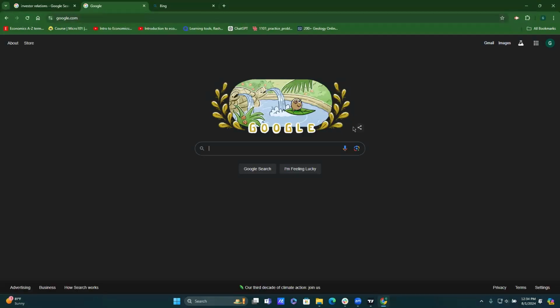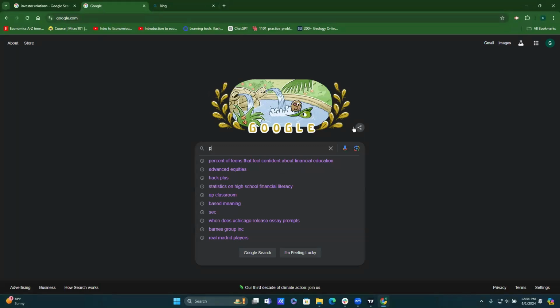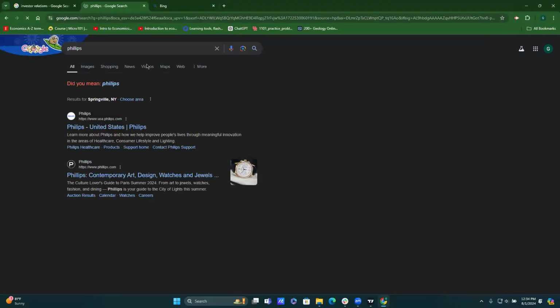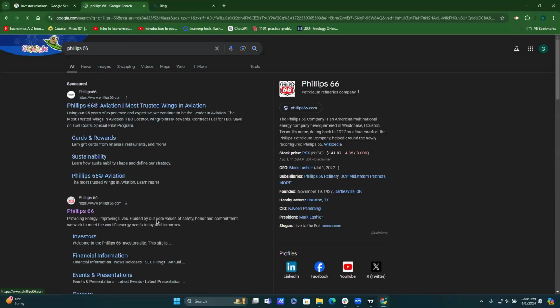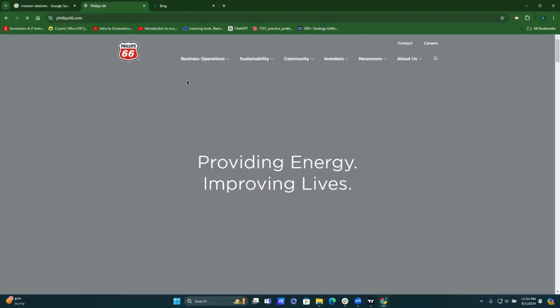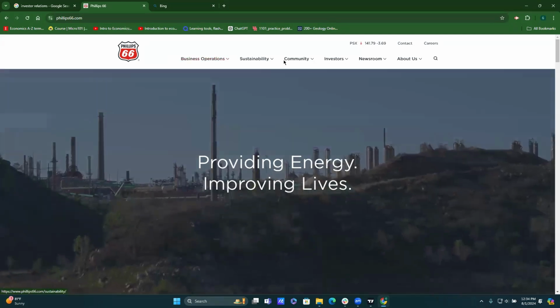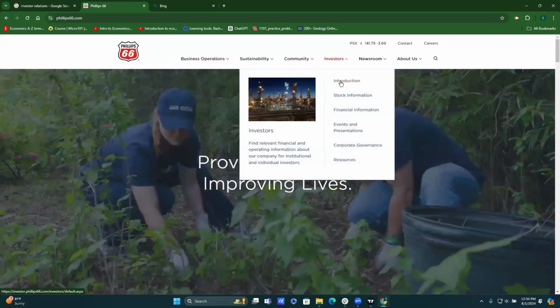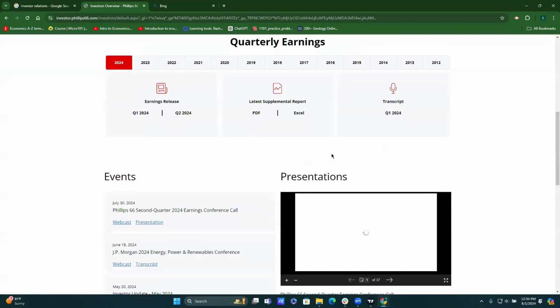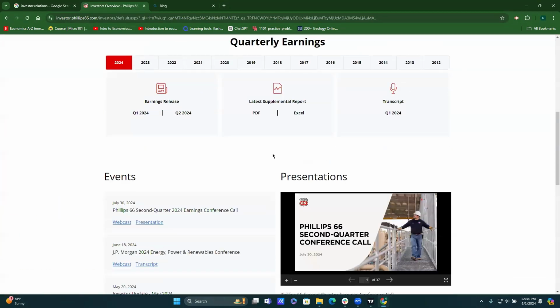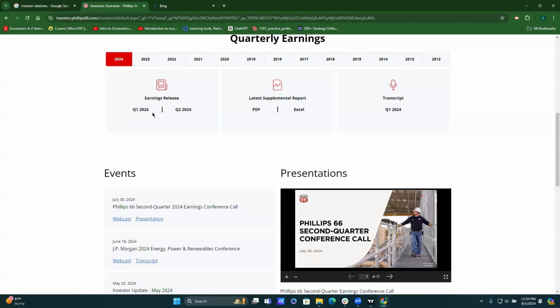So let's use Phillips 66 as an example. Garrett, go ahead and search that up. You can just go on their normal website, and then you have that tab that says investors. You're going to want to go there and go into introduction first. They give you quarterly earnings, reports, and transcripts, for example for their videos.